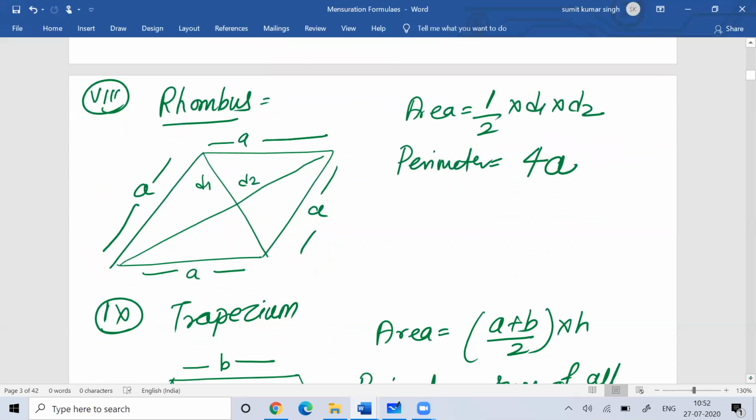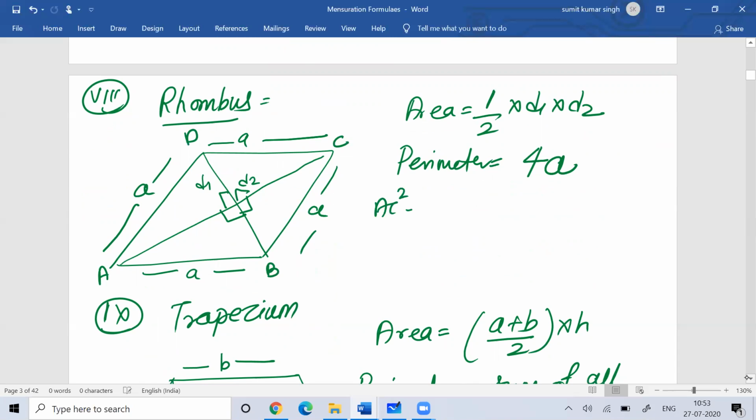Now talking about the rhombus, all sides are equal and the diagonals are not equal, but they bisect each other at 90 degrees. So you can use a formula for the rhombus: the sum of squares of the diagonals, where A, B, C, D are the four sides.